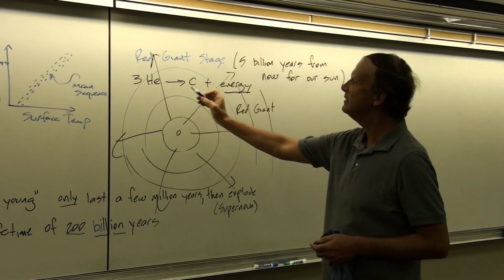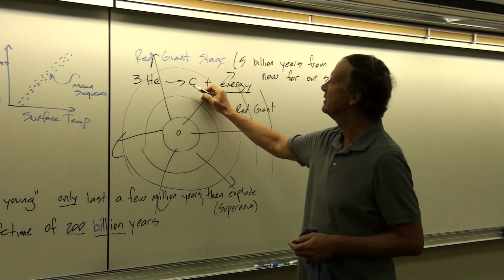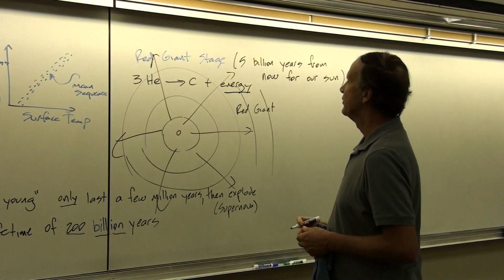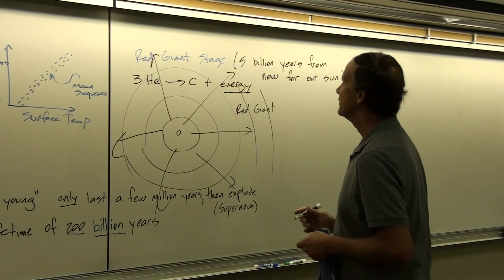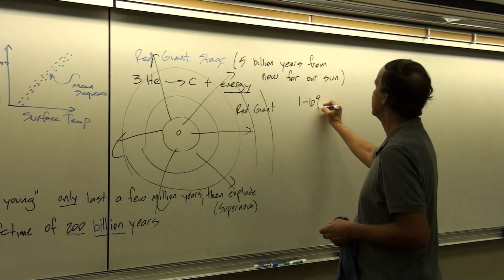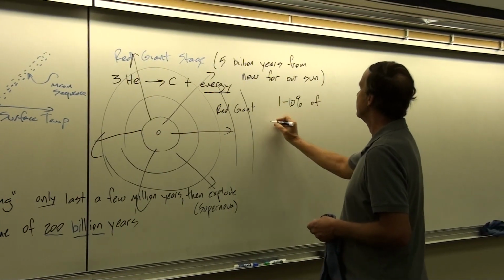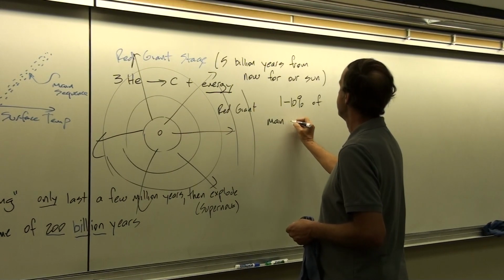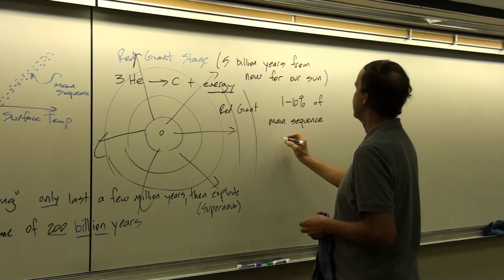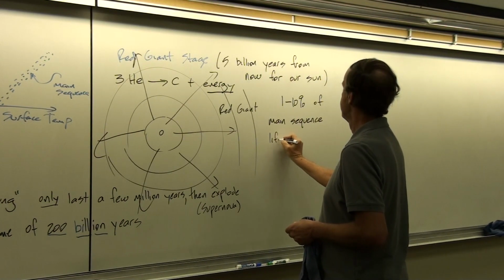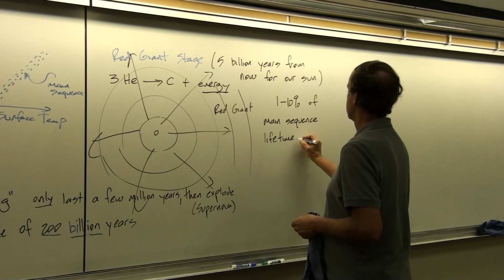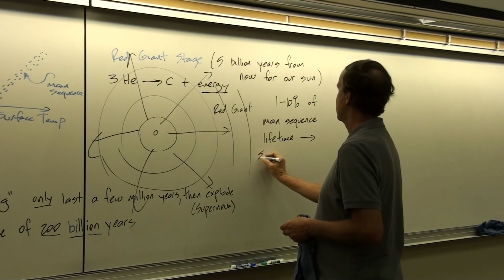And we have helium fusion then happening in the core, which releases way more energy than was ever released before. And so at the end of this, maybe 1 to 10% of the main sequence lifetime, or the hydrogen burning lifetime, as we mentioned before, the star is in the red giant stage.